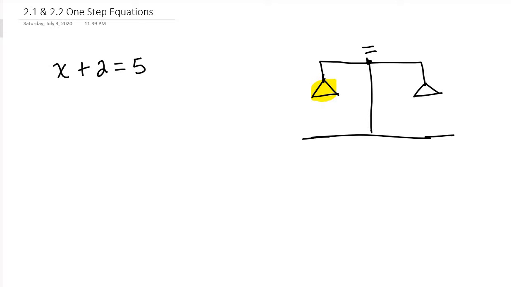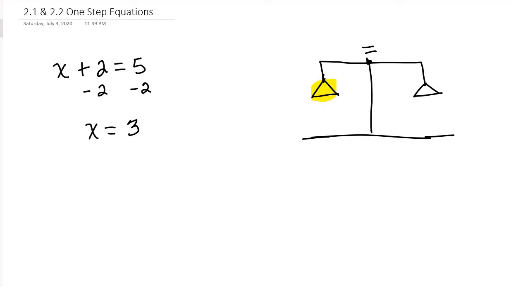If I'm going to take 2 off of this side of the equation, I also have to take 2 off of this side of the equation in order for it to stay balanced. Right? So this is one of the key things that you need to be sure that you understand with solving equations.